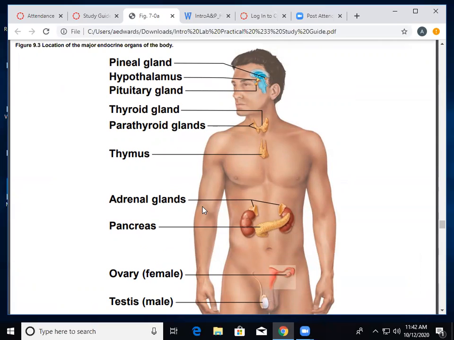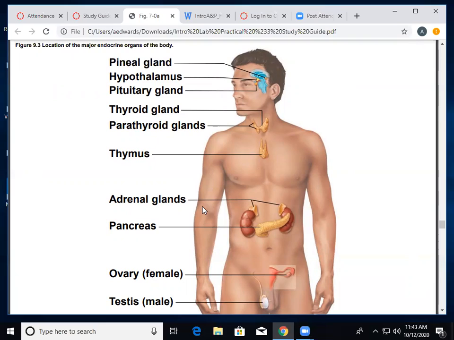So with the endocrine system, an endocrine gland is a gland that secretes hormones. Essentially, they're released through an endocrine gland as opposed to being released through a duct.